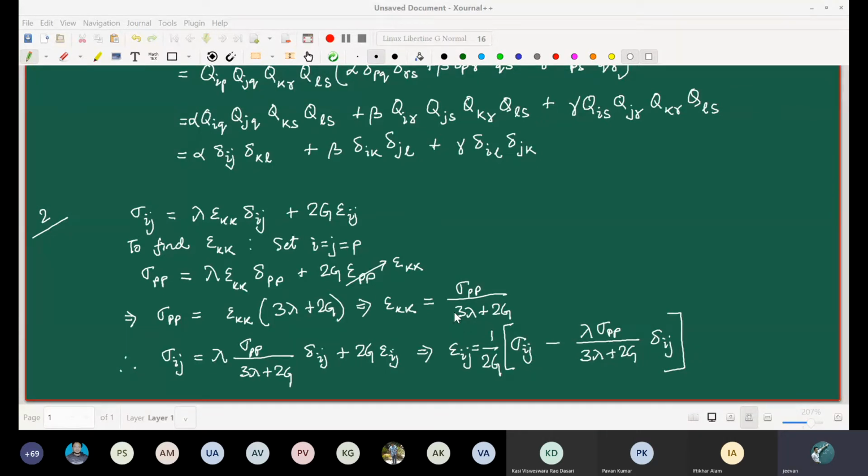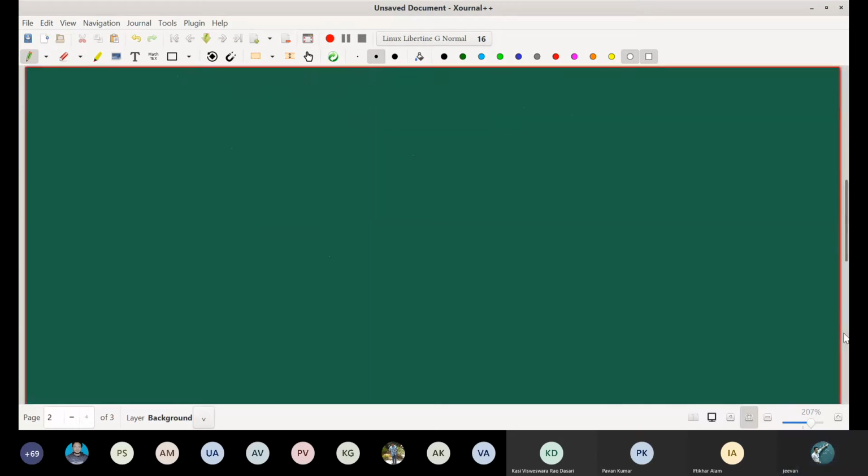So maybe it will be easier when I just write it down. So what I'm saying is this. Let me go to a new page. So for question number 3, I have my Cijkl. If I can figure this out, I'll be able to write down the corresponding Voigt notation also, the C bars.